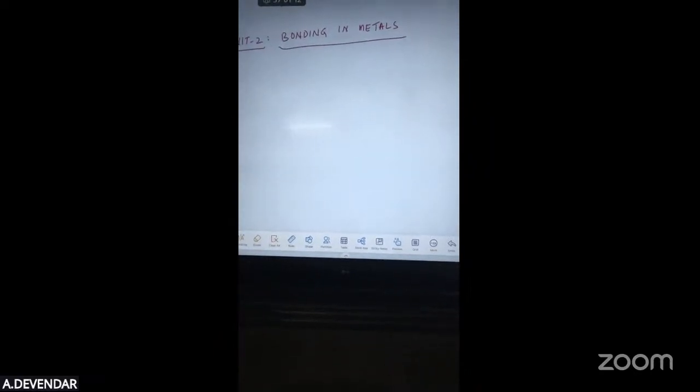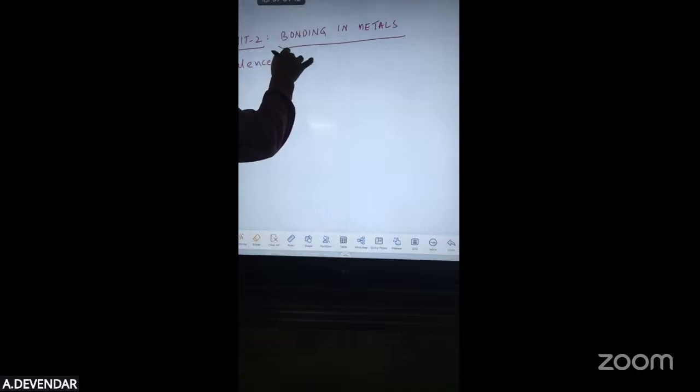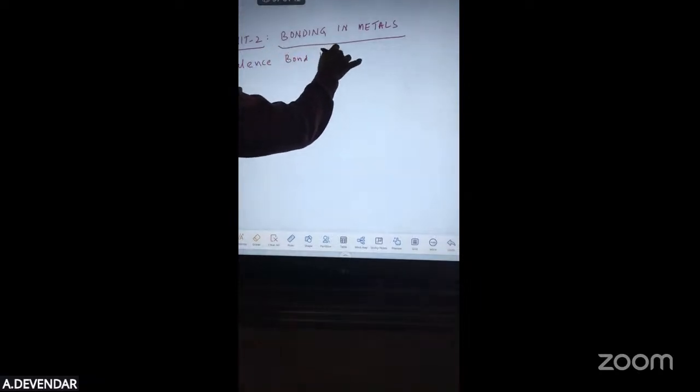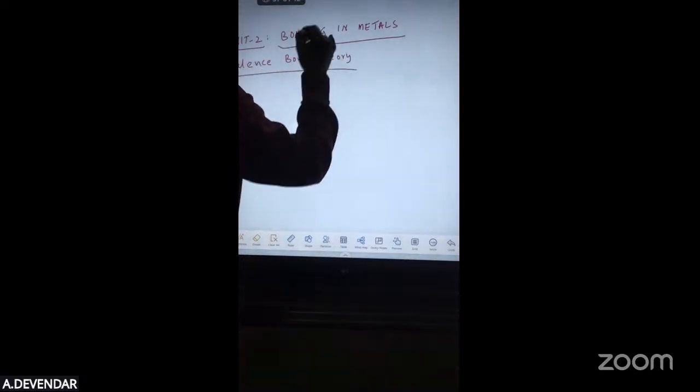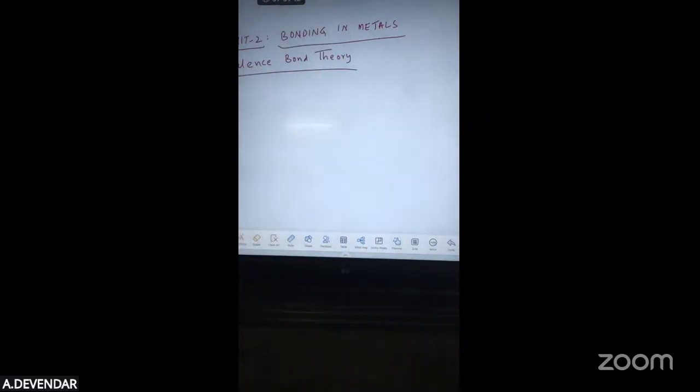Here the most important topic is the valence bond theory, very important. In the valence bond theory we explain lithium: how the lithium ion is present and is surrounded by how many ligands.